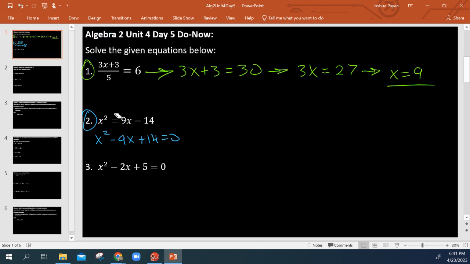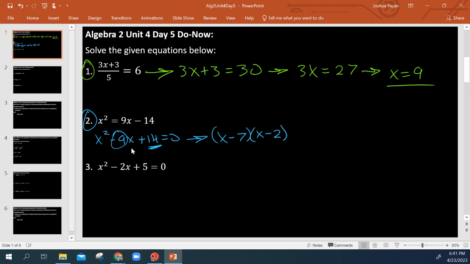If we just continue, this is factorable, right? A is equal to 1, so it's factorable because 14 has factors that will combine to give you negative 9. And I can just use fill in the blank. I know factors of 14 that will combine to give me negative 9 are going to be negative 7 and negative 2.